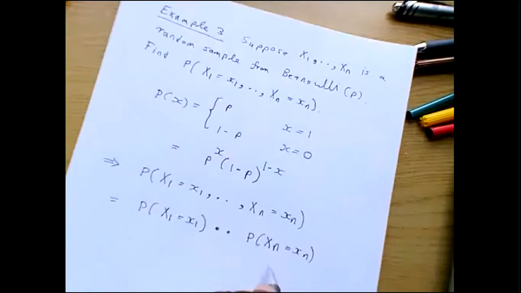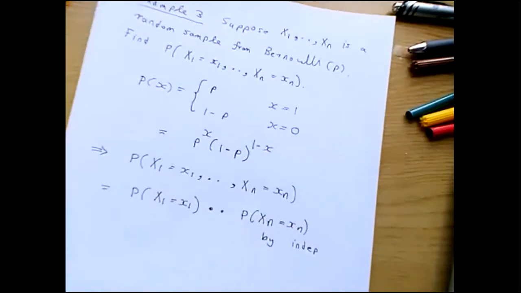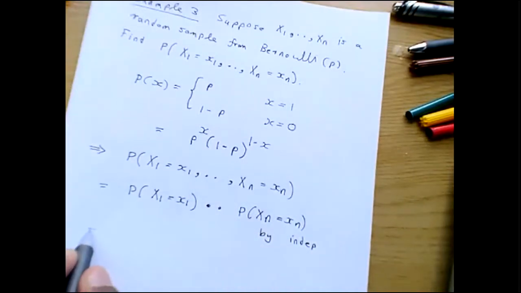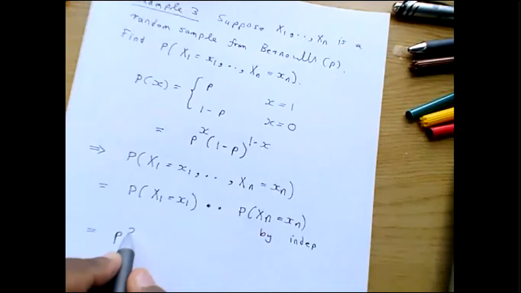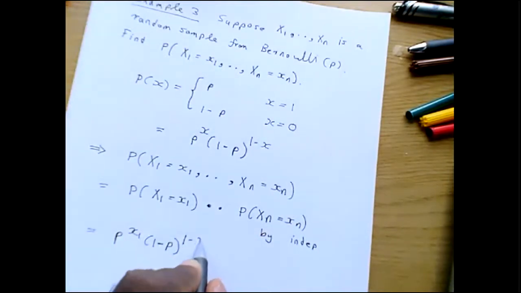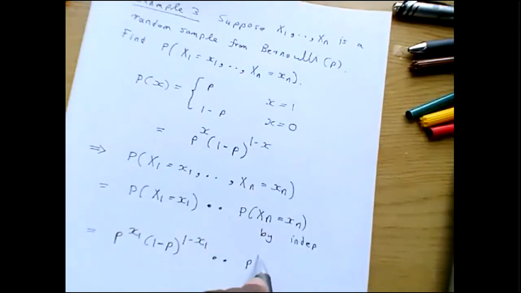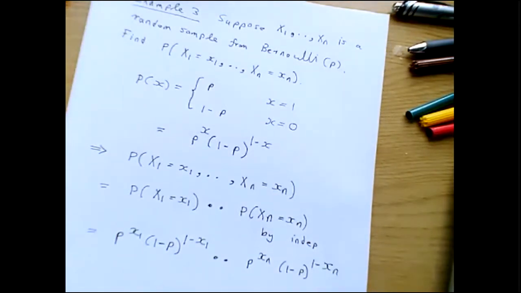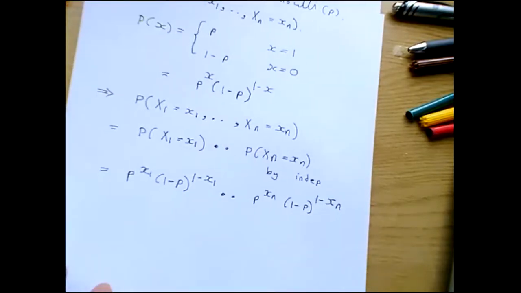Because of independence, each of these guys takes this formula here. So this is going to be p to the x1 times 1 minus p to the 1 minus x1. Then this is p. You follow me, right?